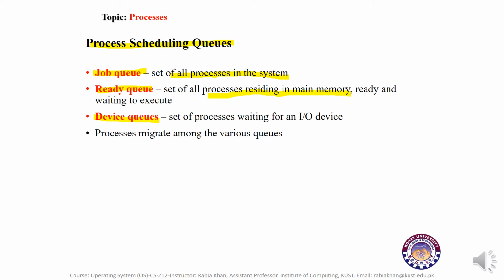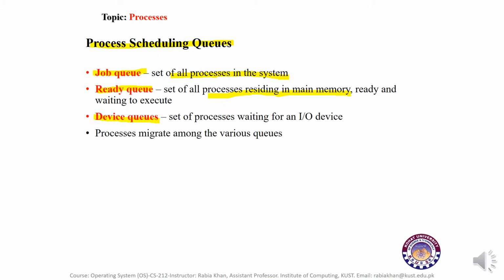For example, you have a single keyboard. Multiple processes may require input at the same time, but since the keyboard is one, you can give input to one process at a time. So other processes are waiting for their turn in that particular input device queue. Every device, like the keyboard, has a queue, so processes that require input will be waiting in the keyboard queue one after another.